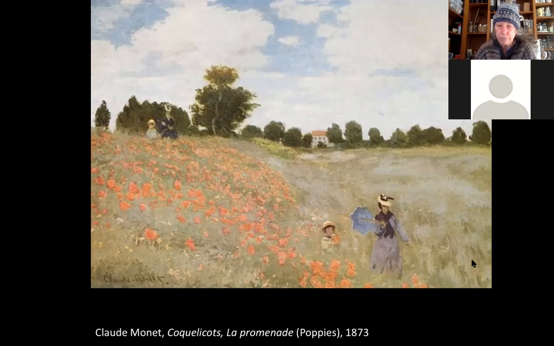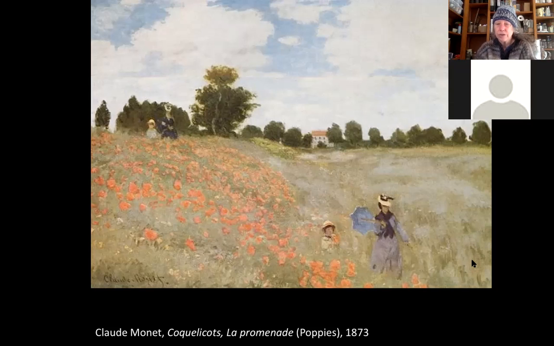So that's what a lot of impressionist paintings are about. And why would that be weird or avant-garde? Well, the reason is that landscape as a genre, as a type of painting, was not considered worthy of an ambitious painter until really the mid-19th century, and especially until Impressionism.